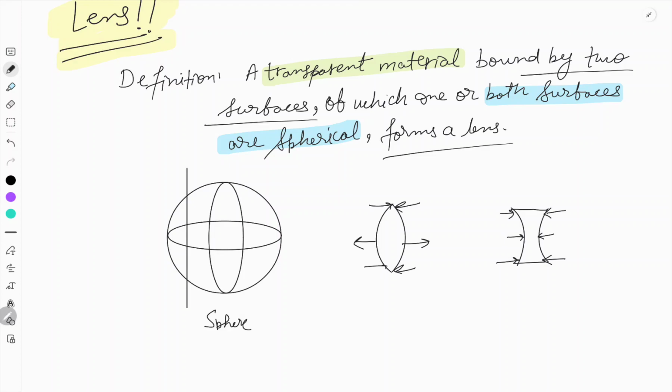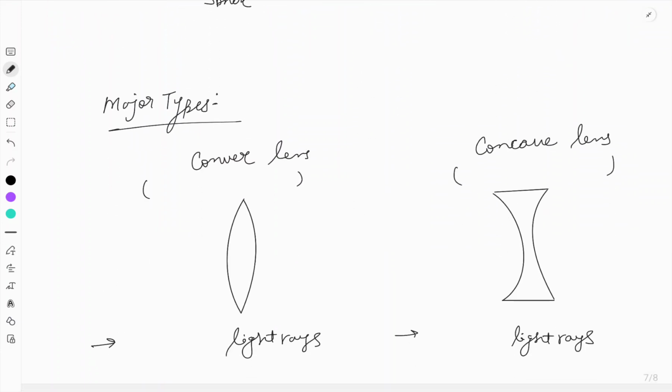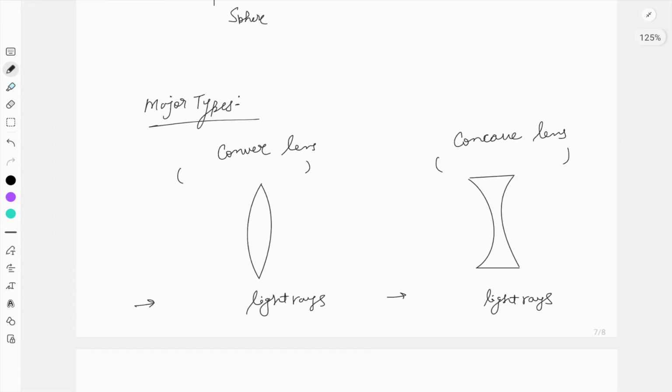So when we take parts of a sphere and combine them in two different ways, we get two types of lenses, and now we are gonna study those.